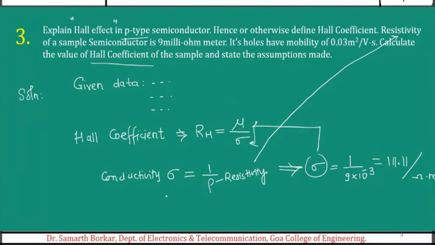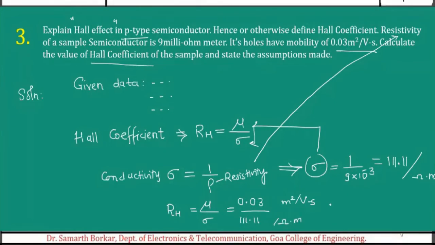here. So we can easily calculate the Hall coefficient as RH equals to, its holes have a mobility of 0.03 meter square per volt second. So 0.03 meter square per volt second, and conductivity is here 111.11 per ohm meter.